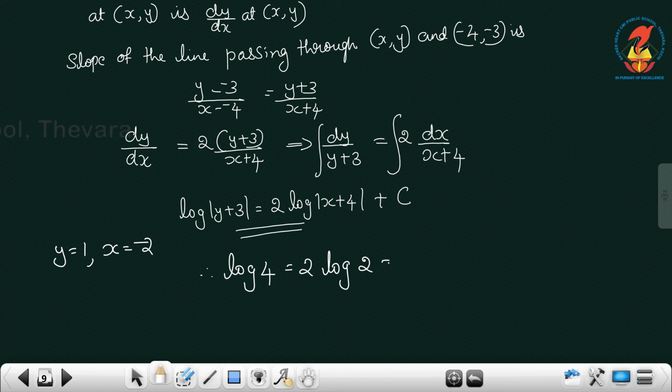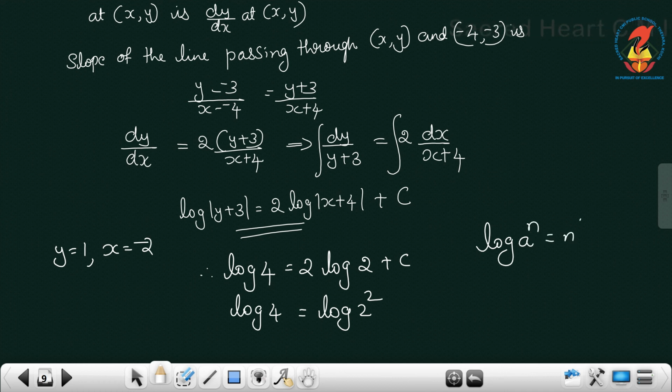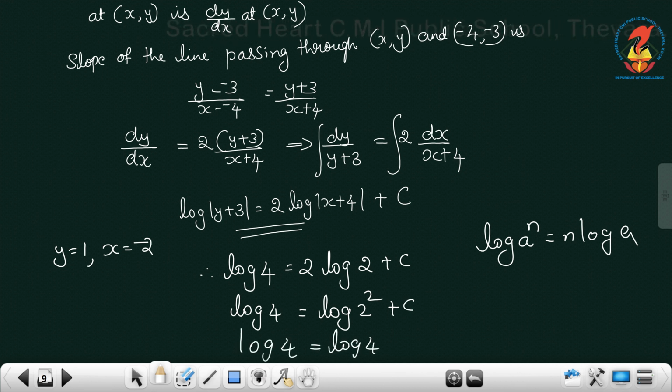So, it is 2, plus c. Or log 4 is, 2 log 2 is the same as log 2 square. Log a raised to n is n into log a. So, plus c. That is log 4 is log 4 plus c. So, what is c? Log 4 minus log 4 is 0. So, c is equal to 0.